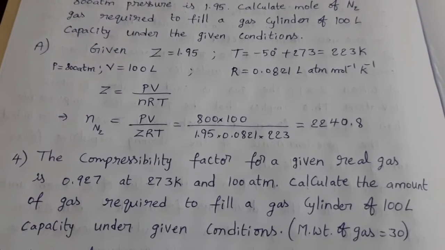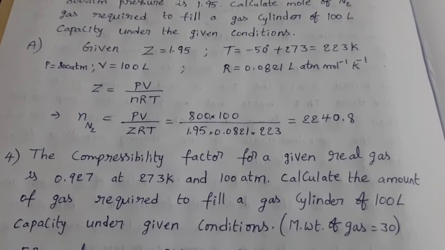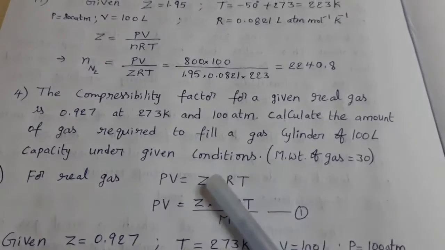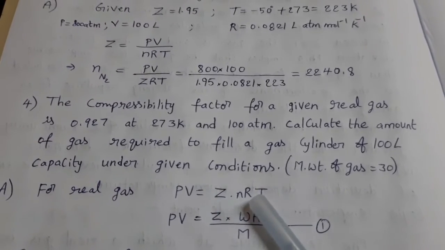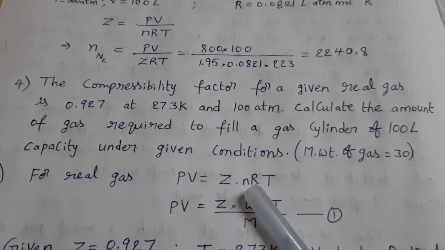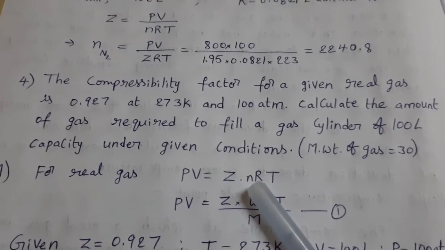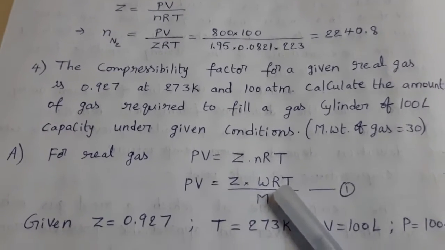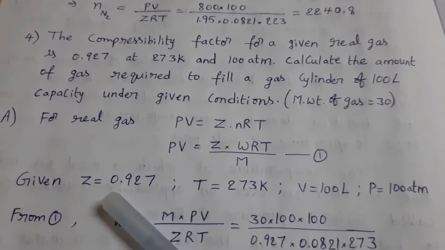In this question we have to calculate amount of the gas. Say this, for real gas PV equal to Z into nRT. PV equal to Z into n, n means number of moles. What is the formula for number of moles? Weight by molecular weight into RT. Note down the given data.